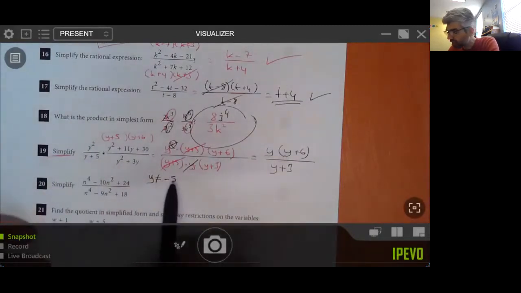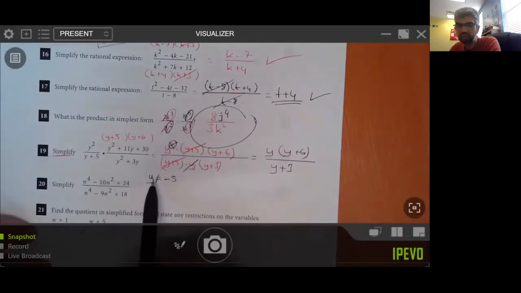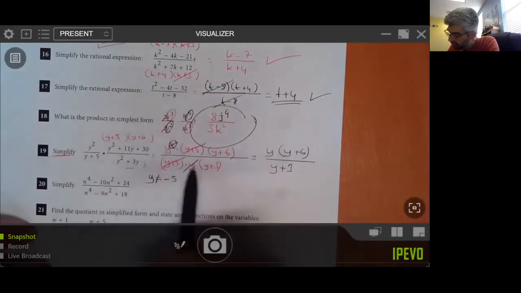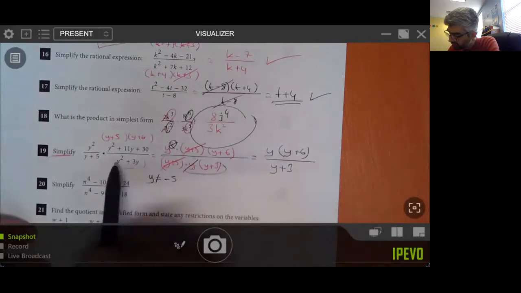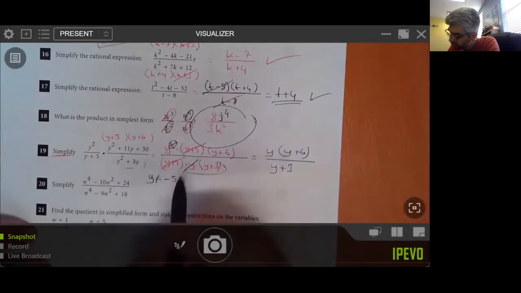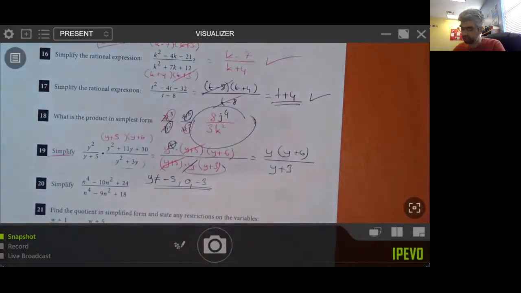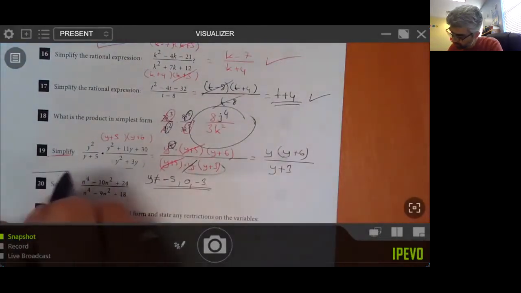I have to write like this: y is different than negative 5, this is the domain actually. And here, these are the factors of the second fraction. y cannot be 0 and y cannot be negative 3. Is it clear? This is for question 19.